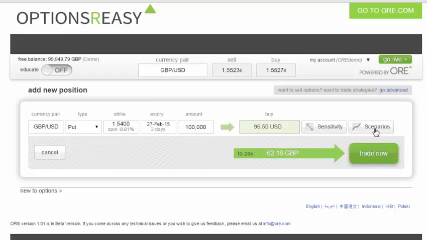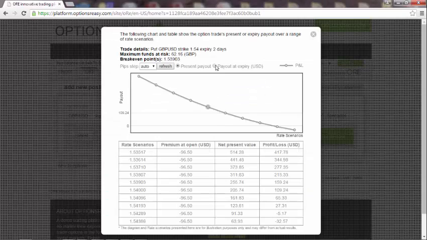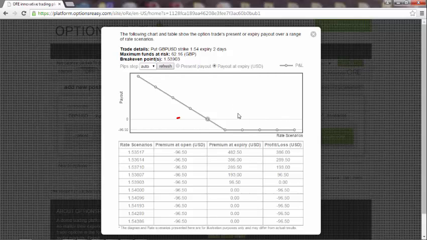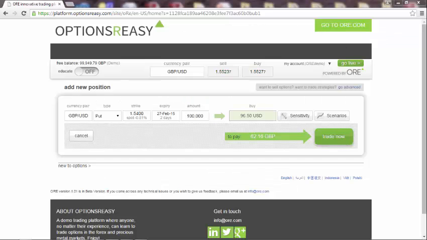And if I go to click on the scenarios button, I can see that as sterling dollar falls, I will receive a higher payout. Now I think that's a pretty good trade, so I'll go back to the trading zone and click Trade Now.